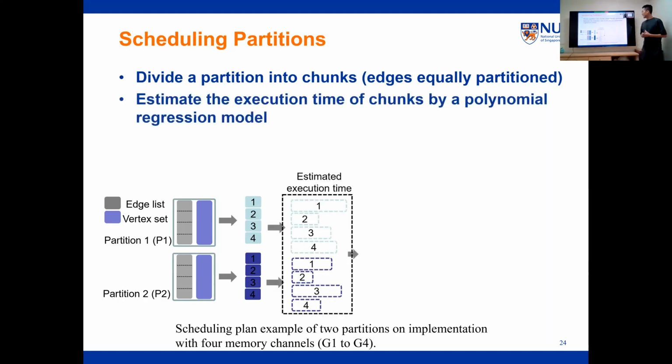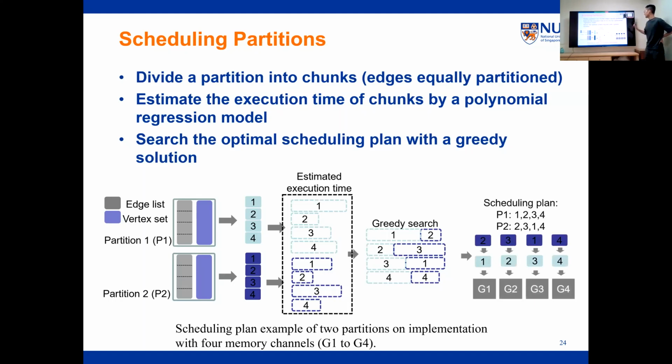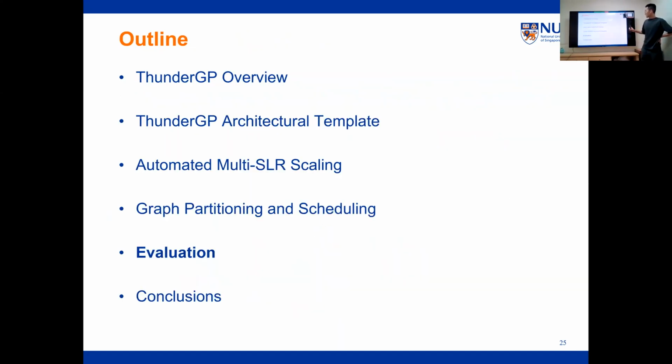Next, we propose a regression model to estimate the execution time of each chunk. Then with this execution time, we can use a greedy solution to find the optimal scheduling plan. So finally, we can schedule the chunks onto the hardware units. Yeah, that's all about the graph data management.